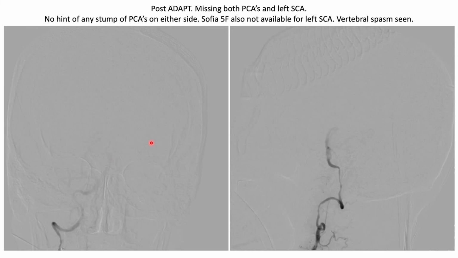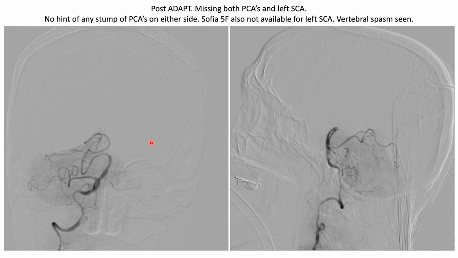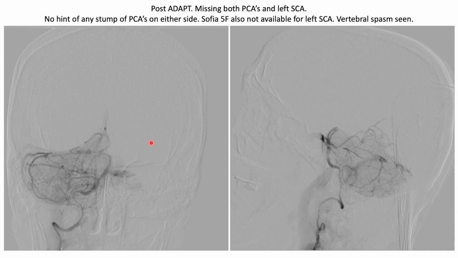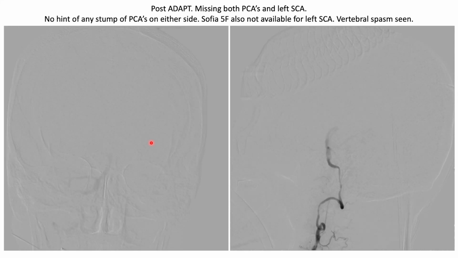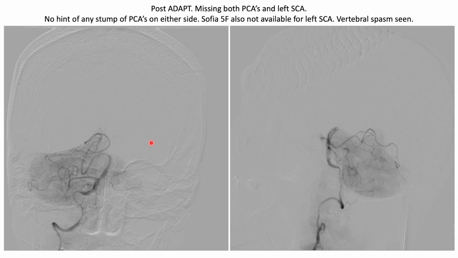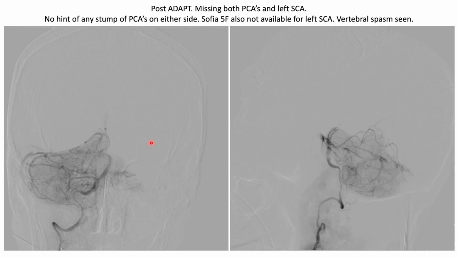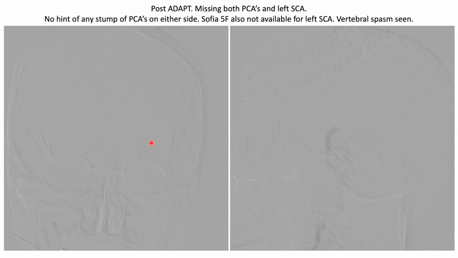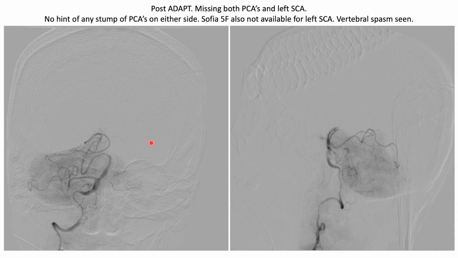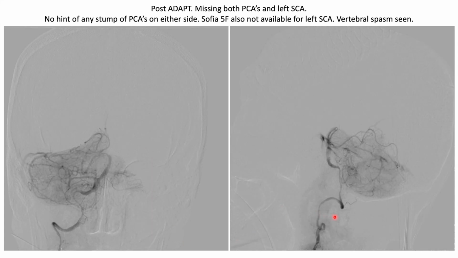So I thought it's better to reconfirm first from the carotid side if there is any fetal PCA, because when we looked back on the CTA, we thought there were fetal PCAs there. So we stopped. We didn't have a 5 French Sophia or anything smaller for aspiration from the left superior cerebellar artery. We can see some element of vertebral spasm here.